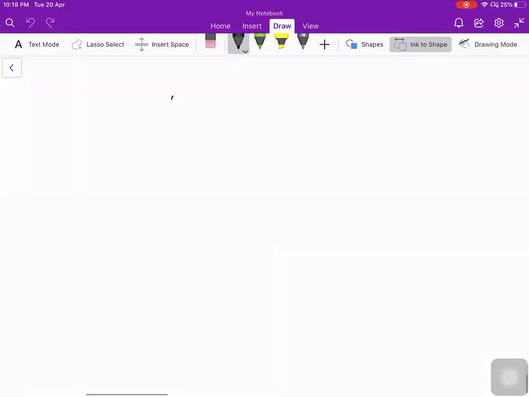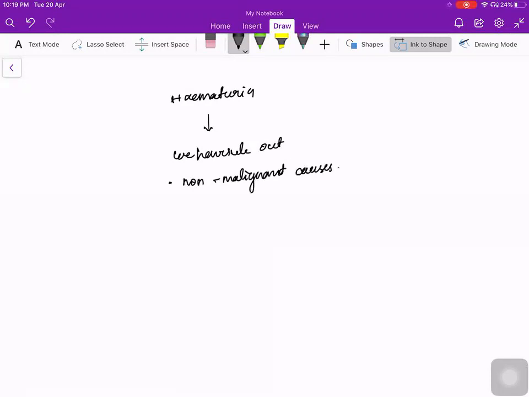First thing, if the patient is having hematuria, first we have to rule out non-malignant causes. What are all the non-malignant causes?